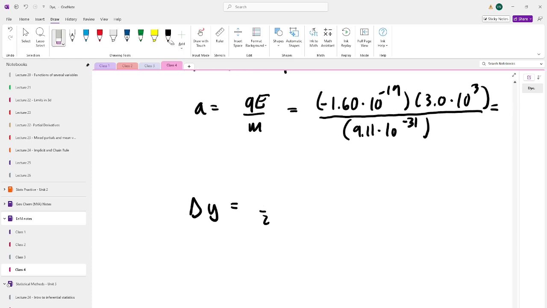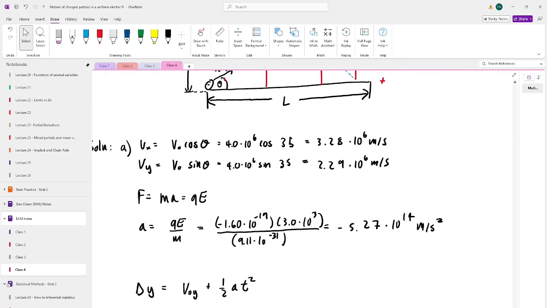The difference in y is equal to the initial speed in y times t, plus a half times the acceleration times the time squared.